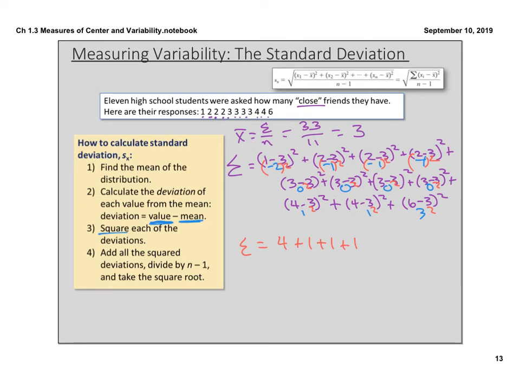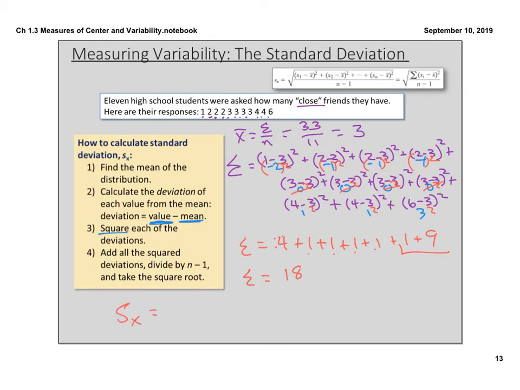The zeros I don't need. Then I have 1 squared, which is 1, 1 squared, which is 1, and 3 squared, which is 9. I'm getting there. 4, 10, 11, 12, 13, 14, 15, 16, 17, 18. My sum is 18.